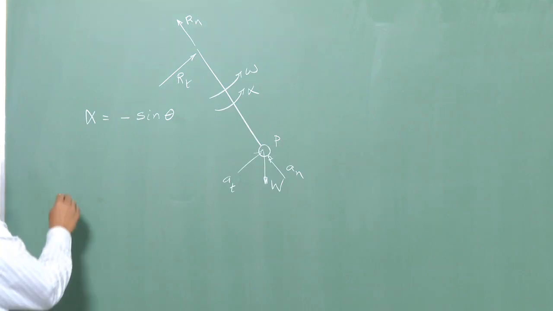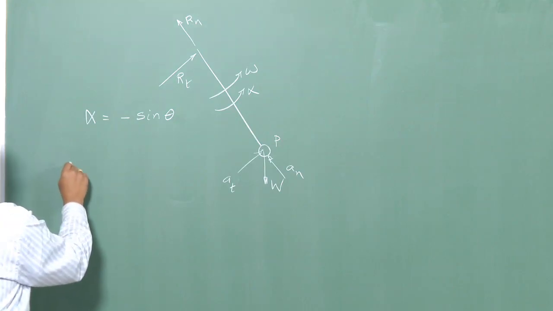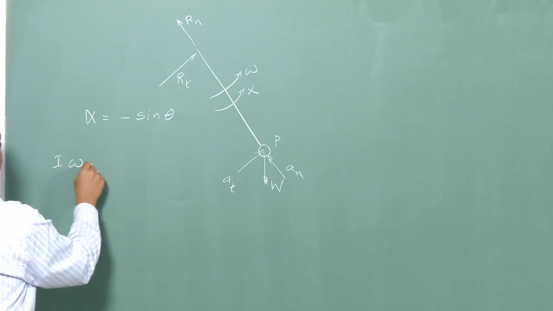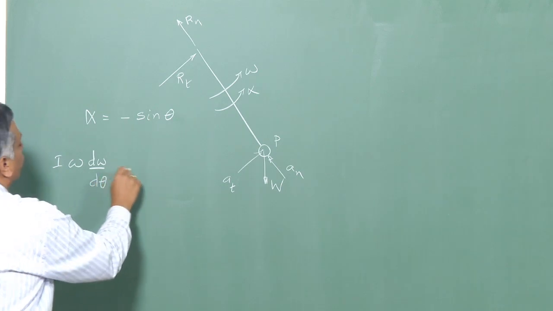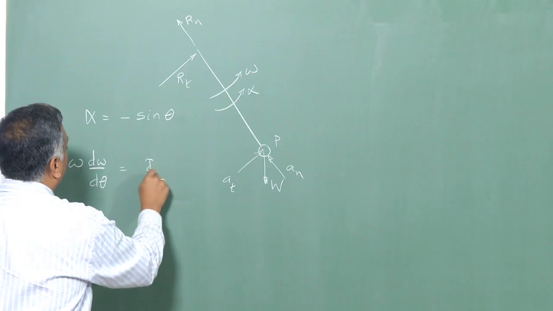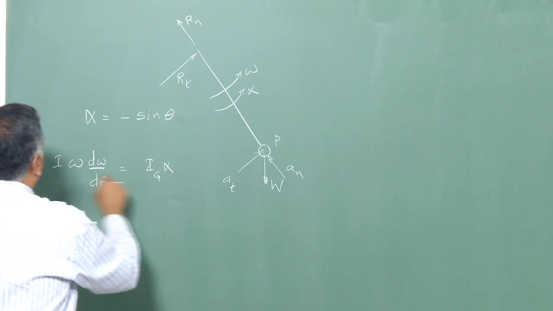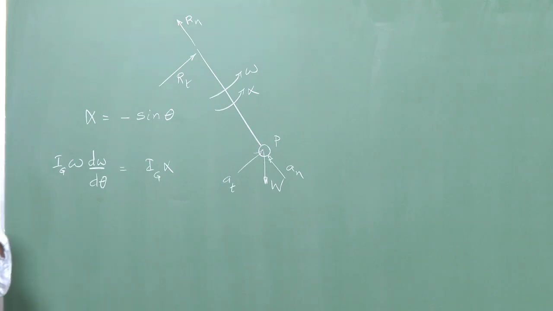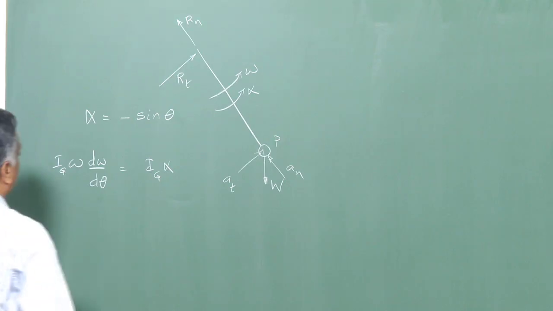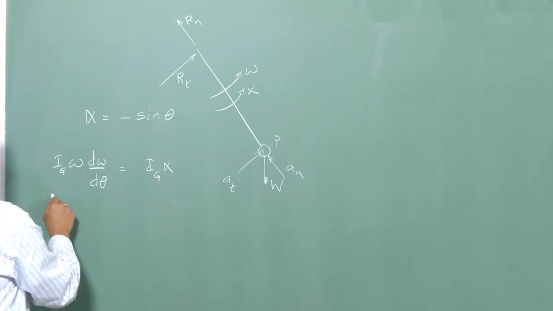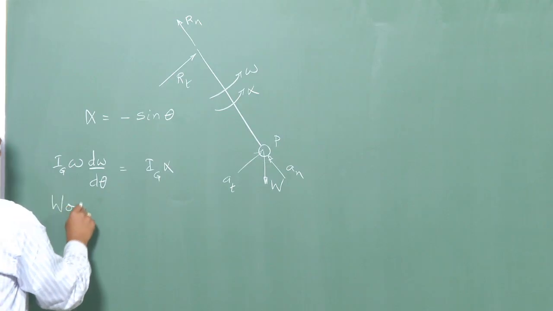So now if I apply the work energy concept to this, essentially Ig omega d omega. If I want to write omega in terms of theta, omega is a function of theta, this is an alternate way of stating our work energy relationship.